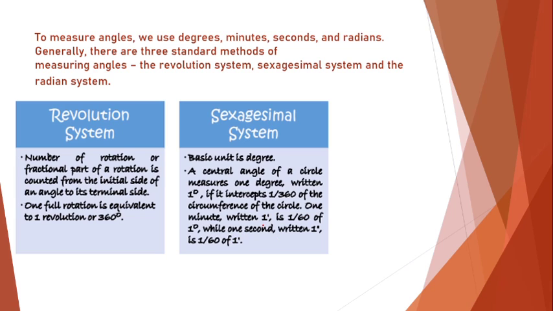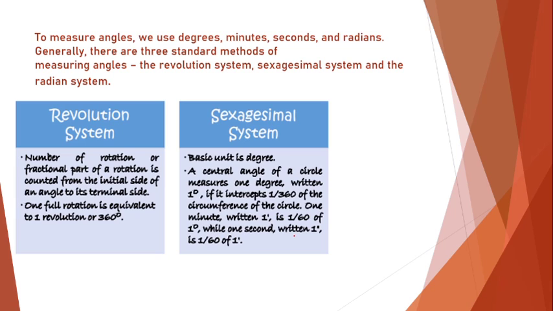One minute is written with an apostrophe. And how about seconds? For seconds, it is written with a double quotation mark, two marks, the right quotation mark. That is the symbol for seconds, and it is 1 over 60 of 1 minute.